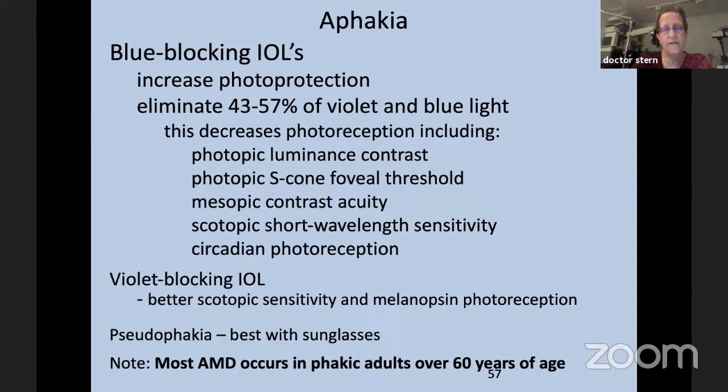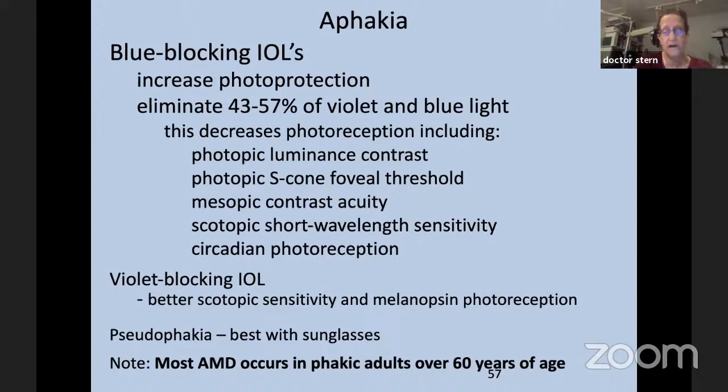So they did find that the violet blocking lenses allowed for better scotopic sensitivity and melanopsin photoreception, but I don't recommend them to patients. And they did find that sometimes the best thing really was when they were in a place with a lot of light or a lot of blue light, that they were better with sunglasses.